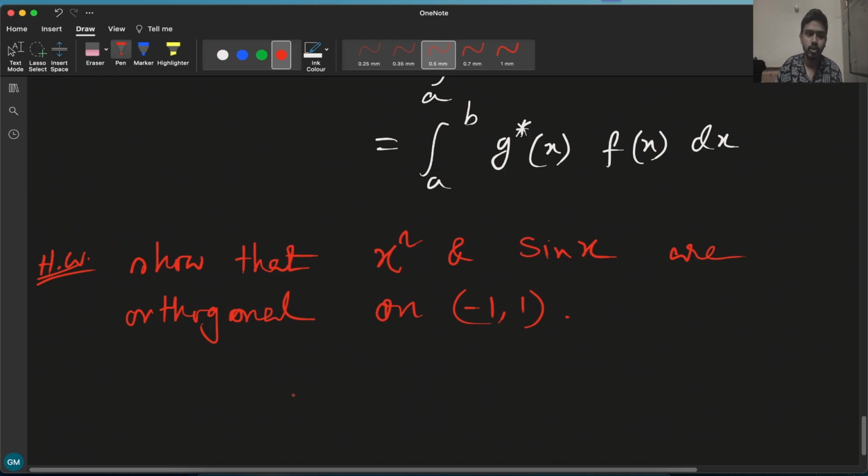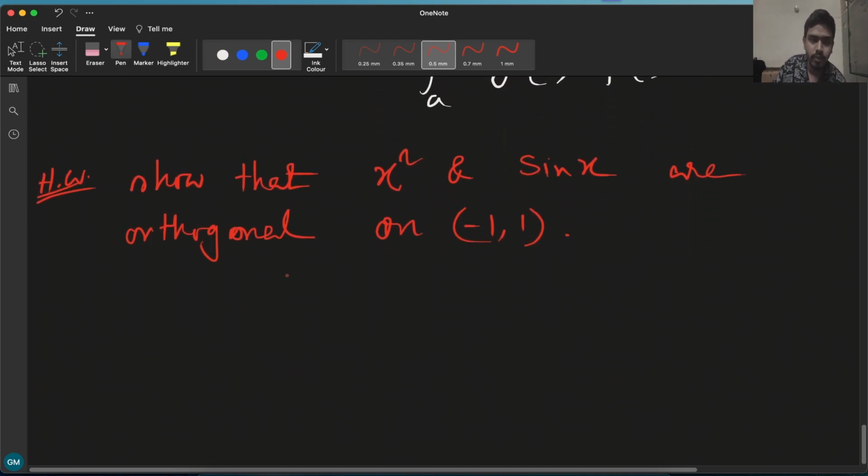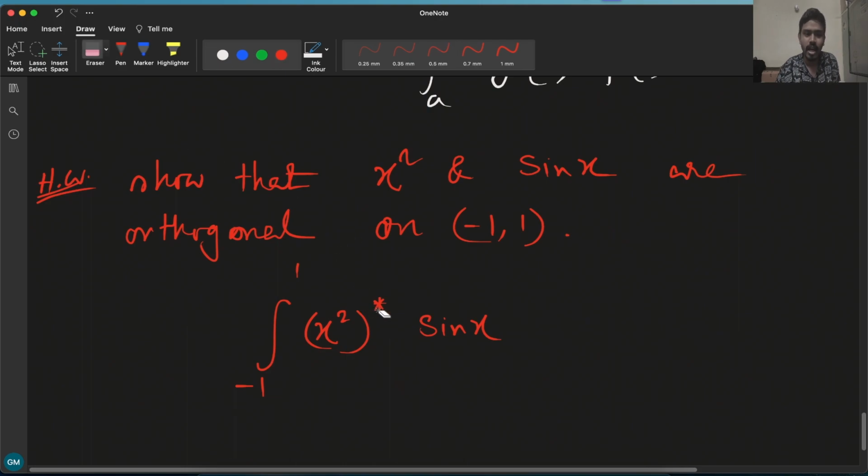Okay, so that means you need to show that the inner product of x square and sin x is zero. What do we mean by inner product? In case of functions, it is integral from -1 to 1 of x square star sin x dx, and now x is a real quantity, right? -1 to 1 it is varying, so I can omit this star, because x star is x.